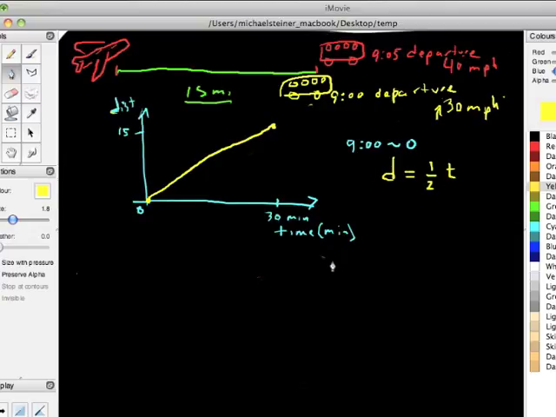What about the second bus? Well, we're going to use some more algebra here. At time 0, the bus is still sitting there at the depot, and not until the 5th minute does the bus leave. And what's the rise over the run?